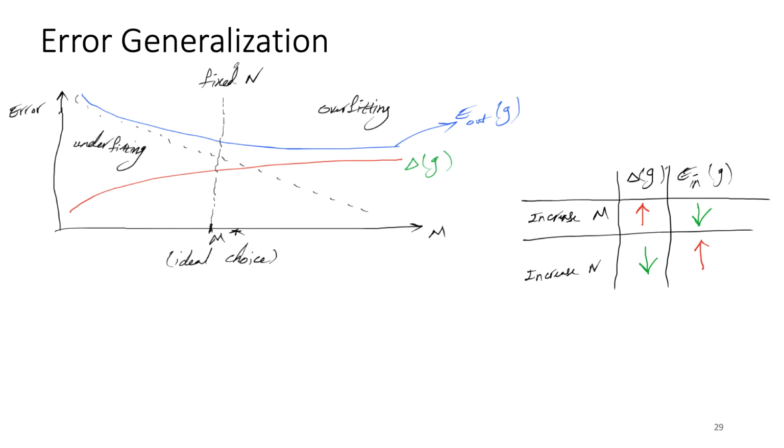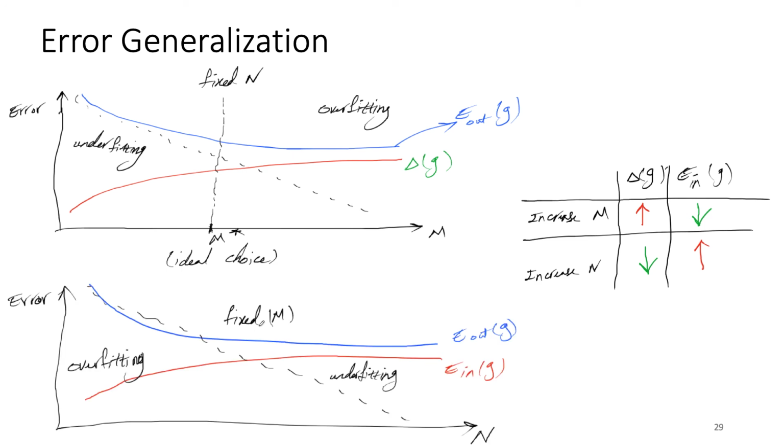Now let's have n as variable. The higher we go, you're going to see that we start from overfitting and then go to underfitting, because the in-sample error is going to mildly increase, but for sure your out-of-sample error is going to decrease. Do you understand why, when we go higher, we have underfitting here?